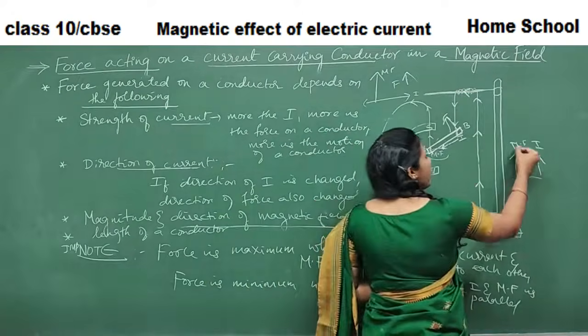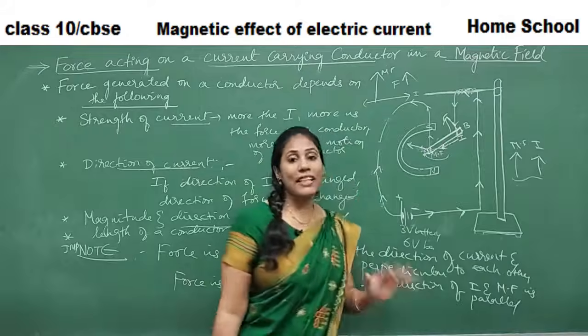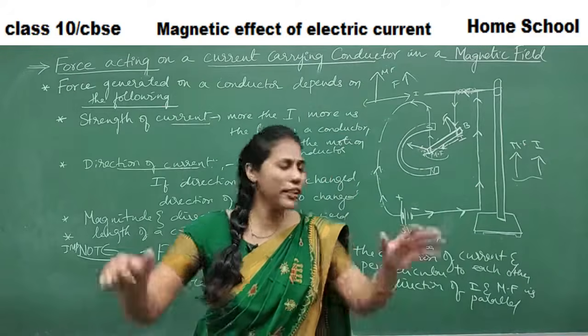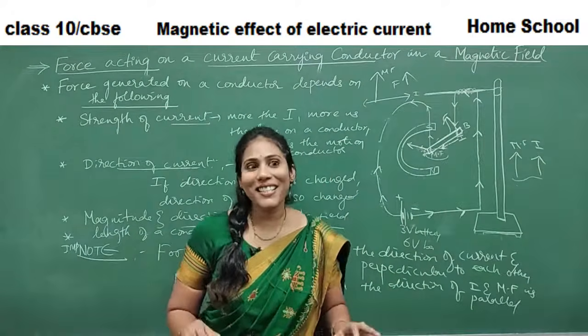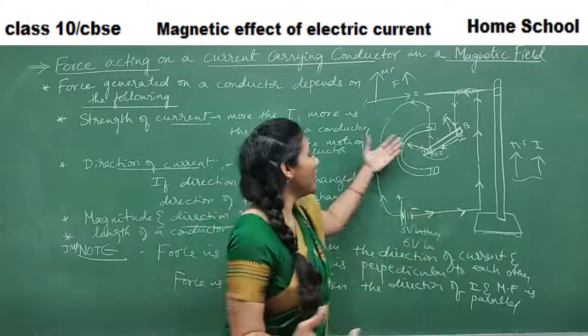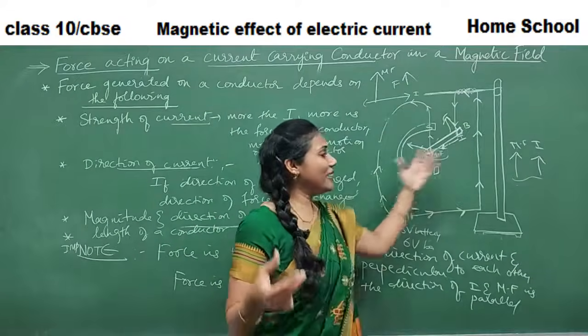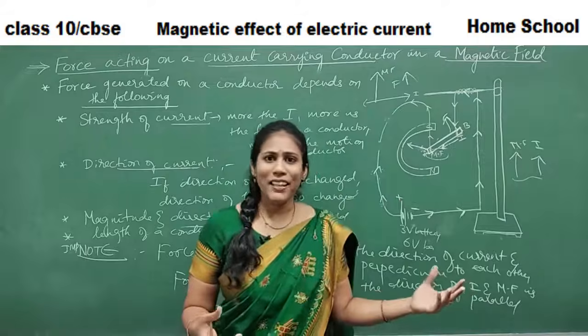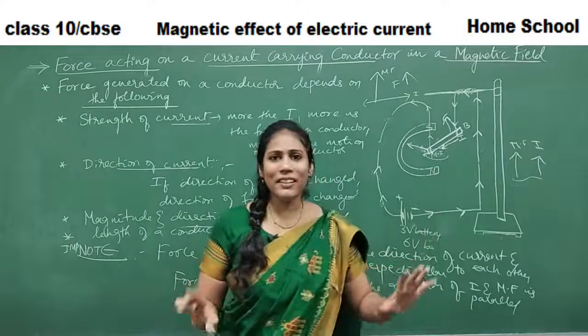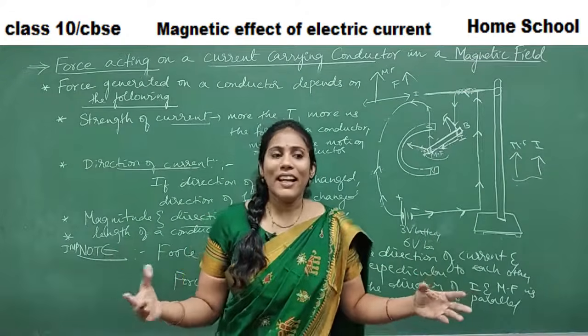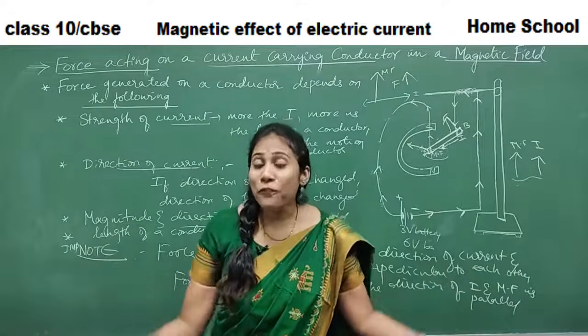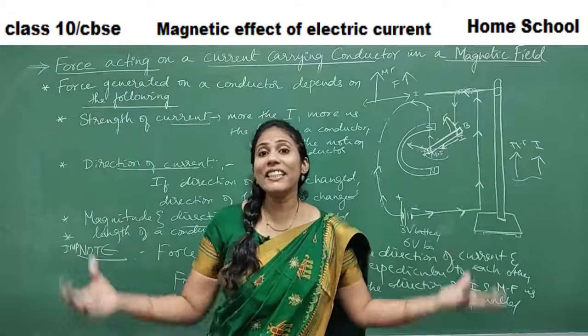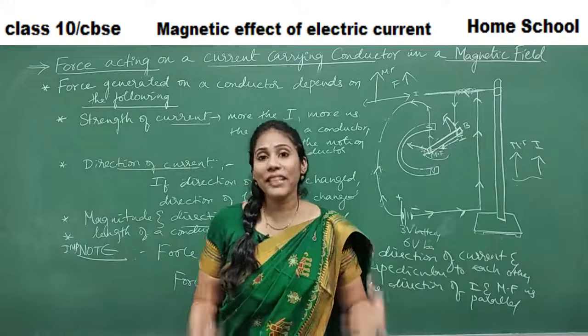When the direction of magnetic field and the direction of current is parallel. Okay, now let us discuss the directions of the magnetic field, current and force. So how they can be perpendicular, how they can be parallel, and what is the direction of force, how to find the direction of force, everything we will discuss.